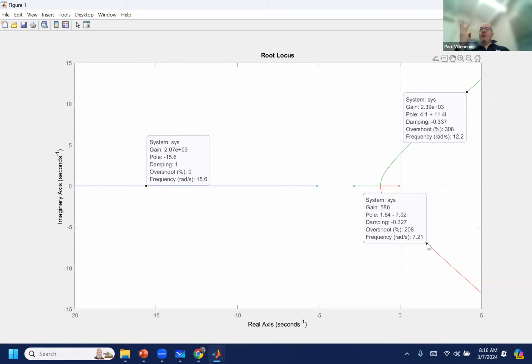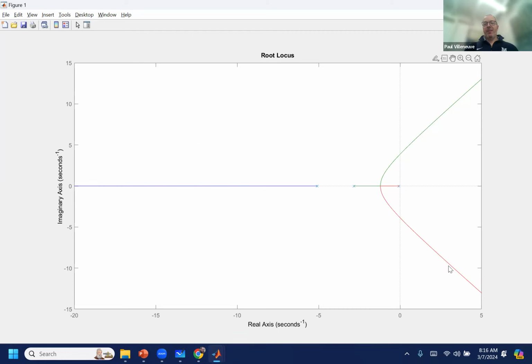This affects 3 separate poles. So no matter what I do to K, I'm always stable on this root locus over here. But over here, if I go to 2,000 and something, whatever that was, you can see that it's in the unstable region. So it affects 3 poles.